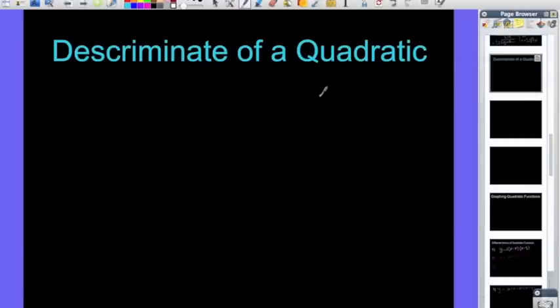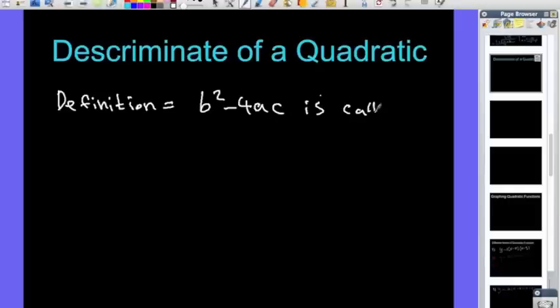Okay, now let's move on to the discriminant of a quadratic. The definition of this is, let me write it down. b squared minus 4ac is called the discriminant of a quadratic. I'm going to make it a short form.